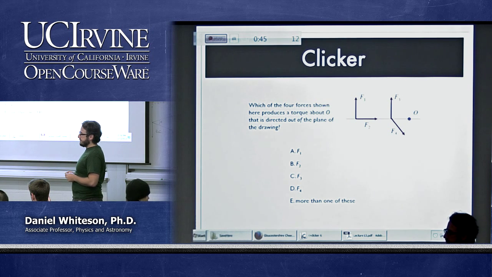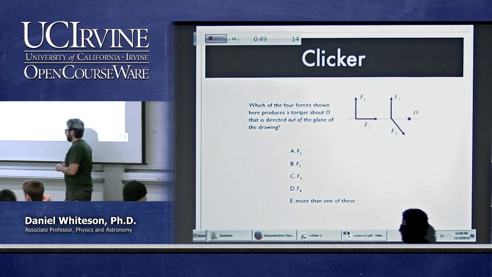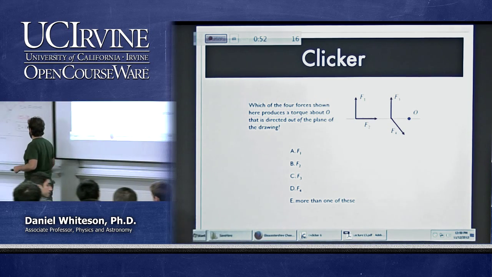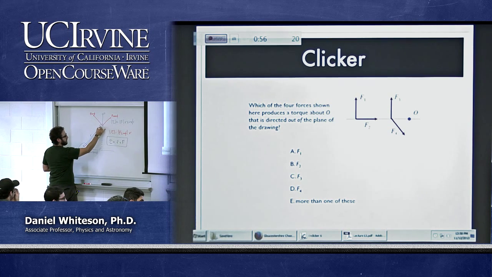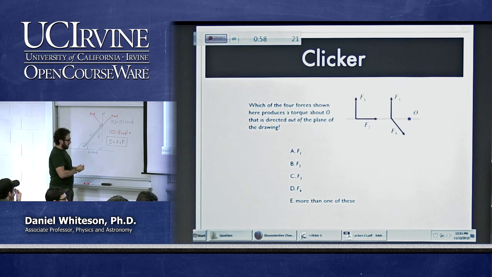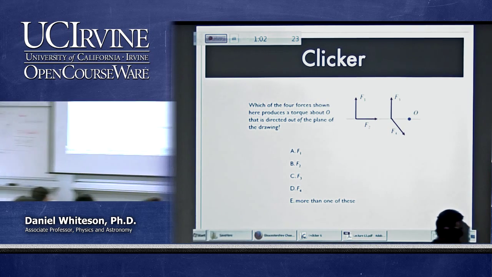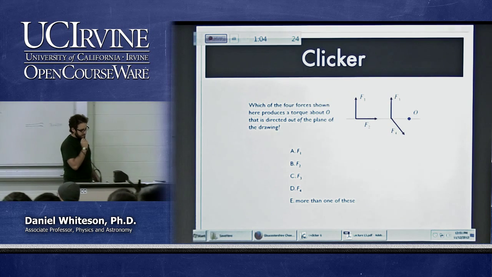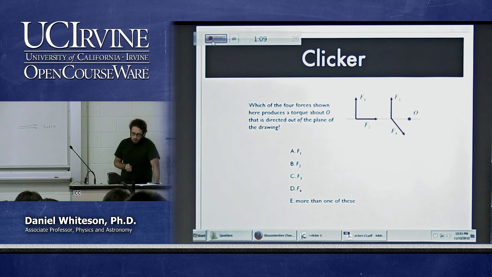Okay. From the rotation. So in this case, R is from here to here. Okay, everybody vote again, please.